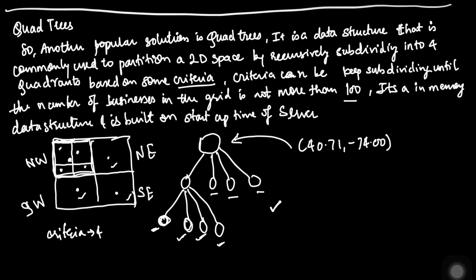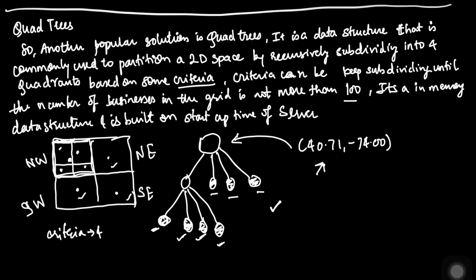First of all, we ask the root if it is a leaf node. In our case, if you see over here, the root is not a leaf node, as I have already drawn this quadtree. So we go down and ask the four children whether this particular coordinate lies within them or not.